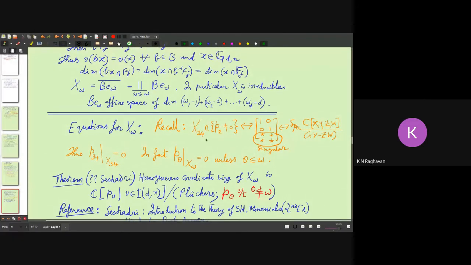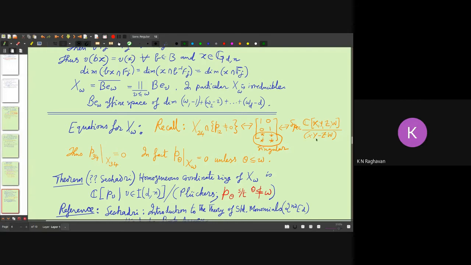So recall, as we saw, the equation for X24 intersect p12 not equal to zero. I look at this affine patch, so to speak, of X24, and we saw that it was equal to this affine variety. And what was the equation that we wrote? It's xy minus zw, right? And how did I get this xy minus zw?